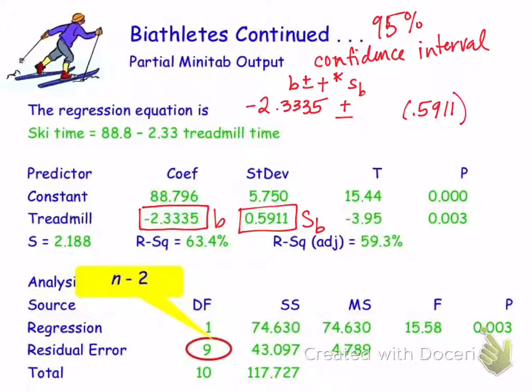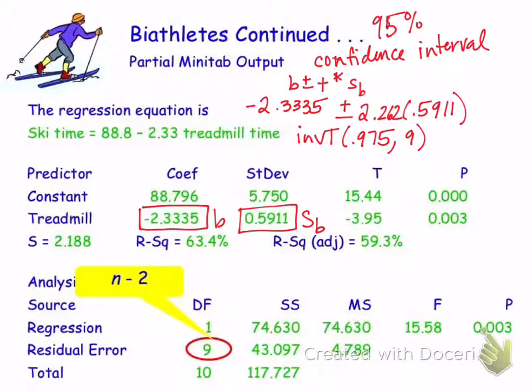If I were doing a 95% confidence interval, I would do inverse T of 0.975, and then I would use 9 for my degrees of freedom. And you get 2.262.